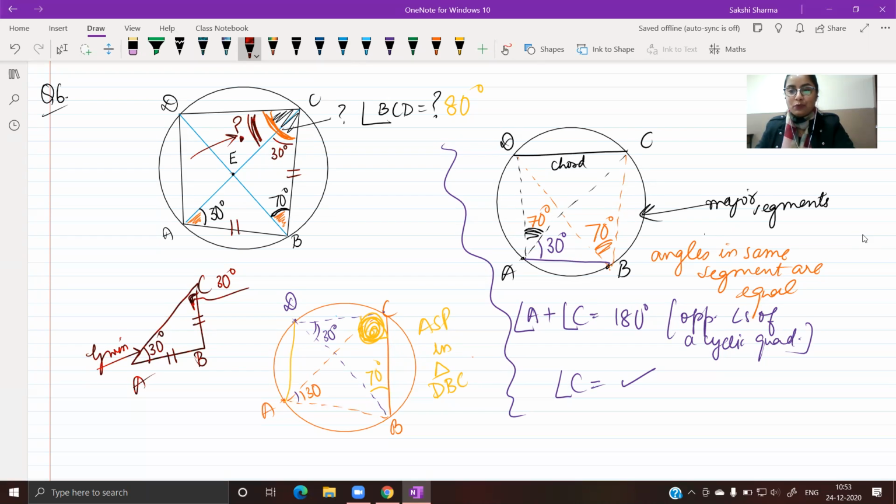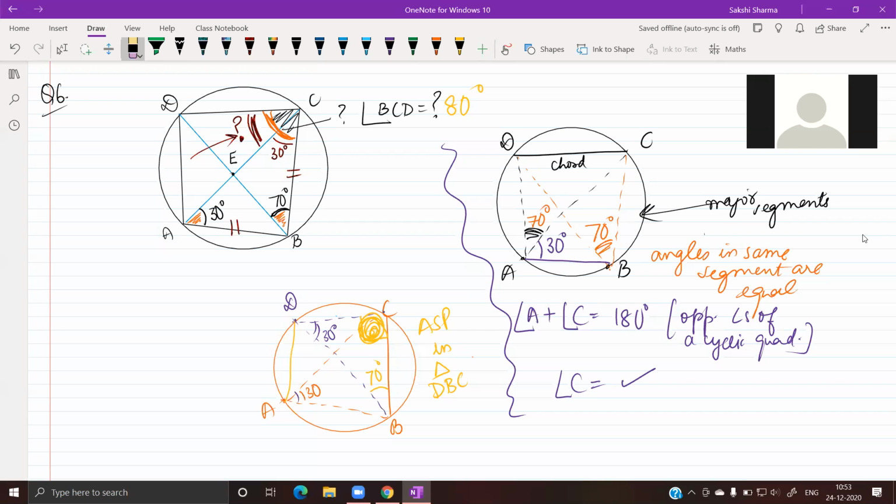Anyone with questions before we write the answer? All right. Now I'm just going to use the one I have already written here. Do you have a preference? Do you want to use the first one or the second one? Cyclic quadrilateral. Okay, let's just use this then.